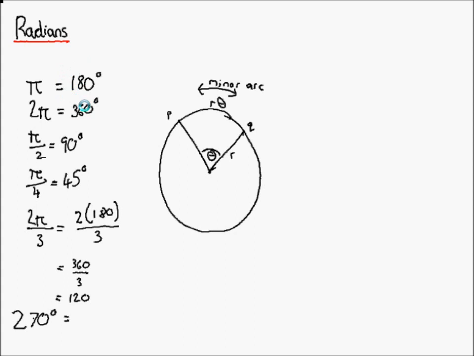Now, 270 goes into 90, so does 180, so it's a common factor.